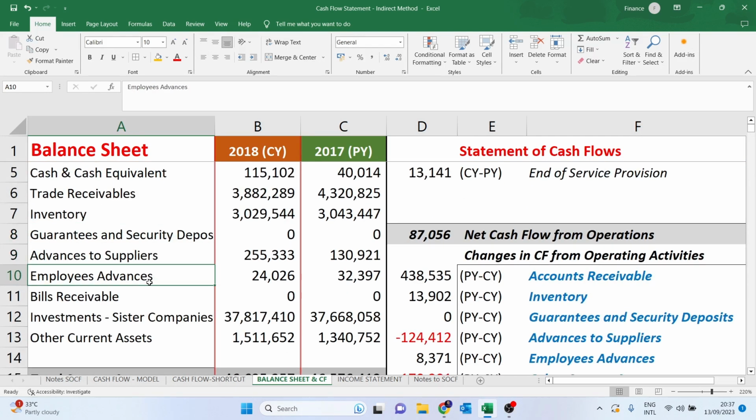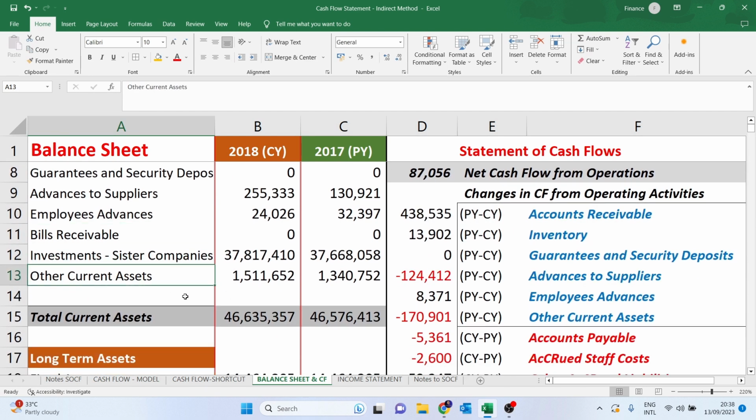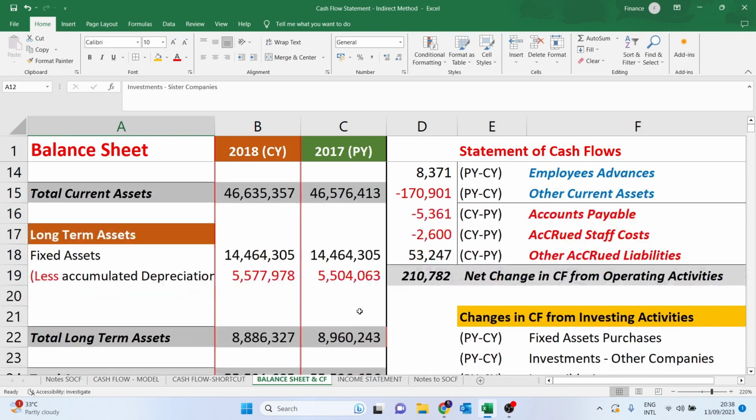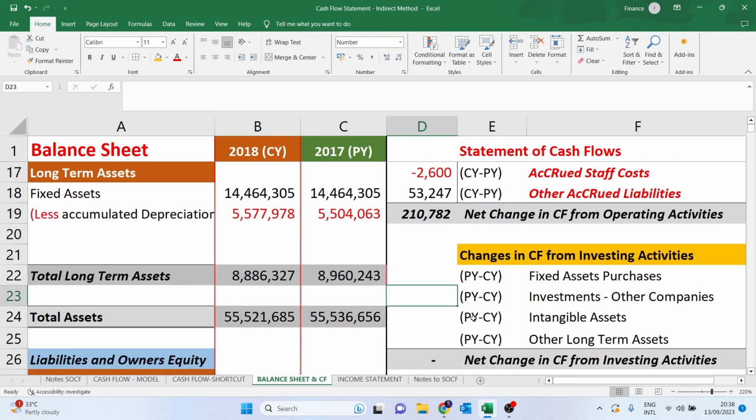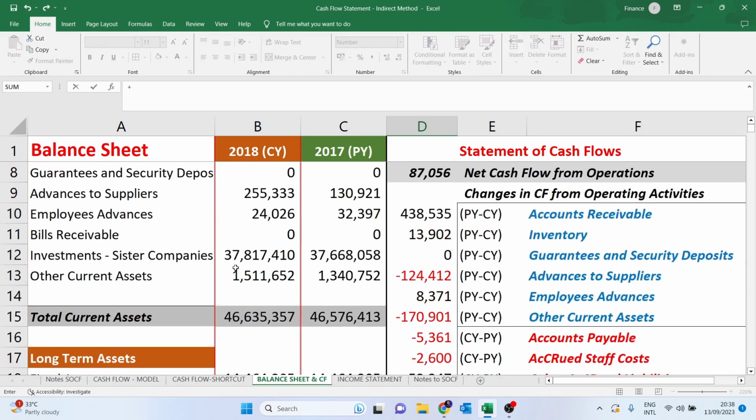Okay, employees change shown, bills receivable there is zero. It's already mentioned. Other current assets also shown. Now only this one. This is investment. So we need to show the investments in investing section. Okay. Now for investing activities, we will use previous year minus current year as the formula. So investing, okay, previous year minus current year.